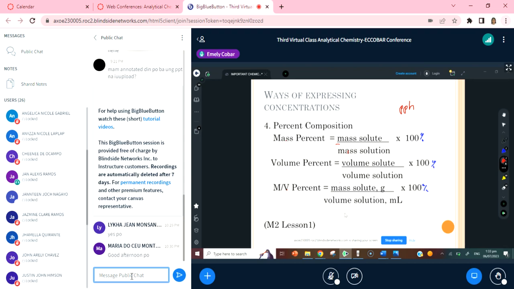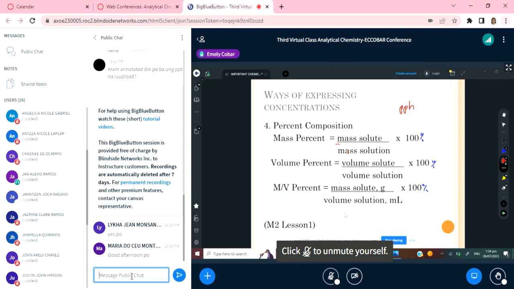So makakancel yung unit, and you will end up having percent as the unit. For mass over volume naman, hindi makakancel yung unit, so gram per mL percent ang magiging unit ng concentration.